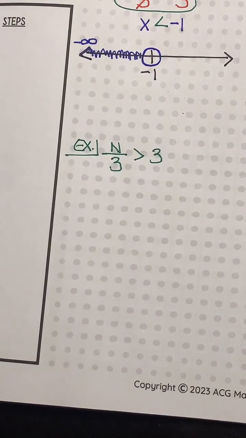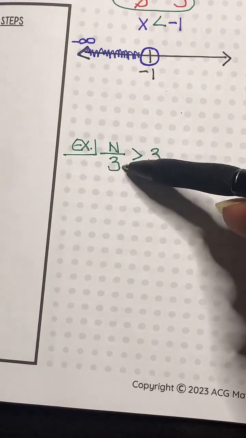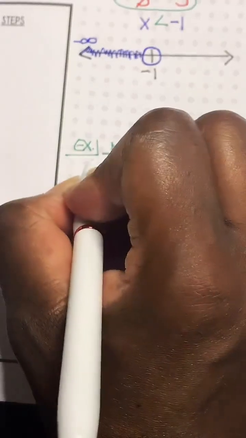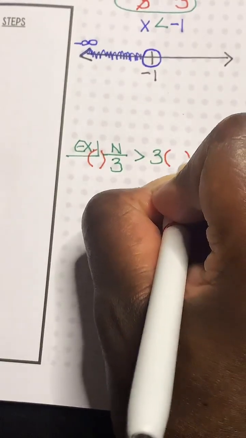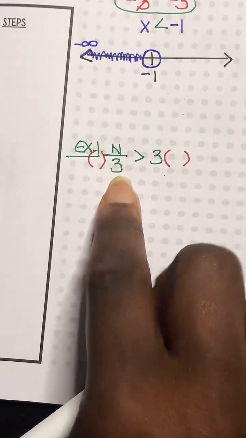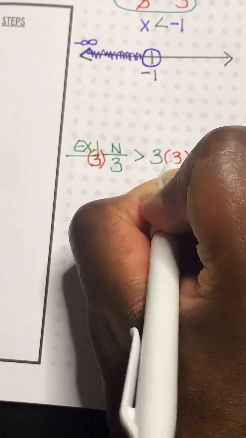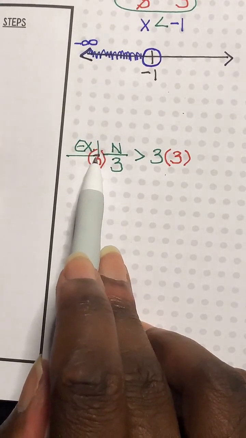Yes, we are. All right, so since it is a fraction meaning division, the inverse of division is multiplication. And we always want to multiply both sides by whatever your denominator is. So in this case, my denominator is 3. Because what happens is I really have 3 divided by 3. That will give me a 1.